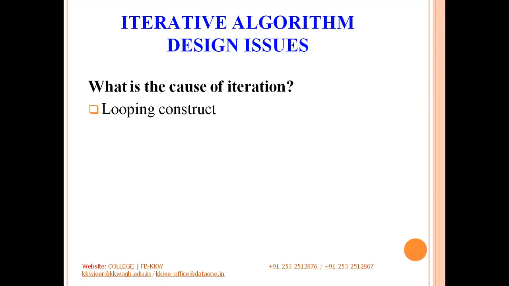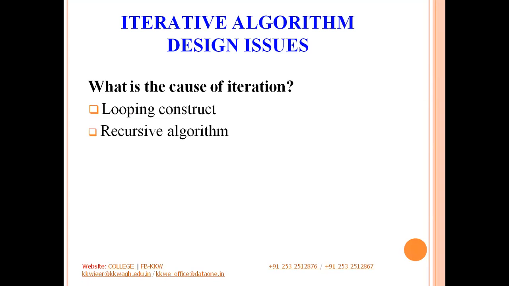First is because of looping construct. That is, in our code or in our algorithm, we make use of loops like for loop, do while loop, and so on and so forth, right? Another possible cause of iteration is recursive algorithm. That is, you are calling the same function or procedure again and again. Okay, so that is a cause of repetition or iteration, right?